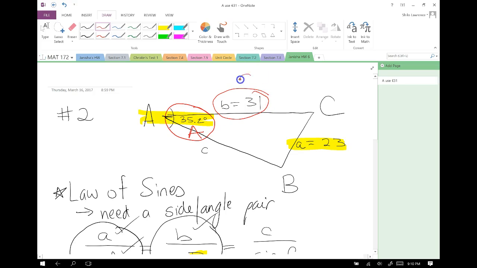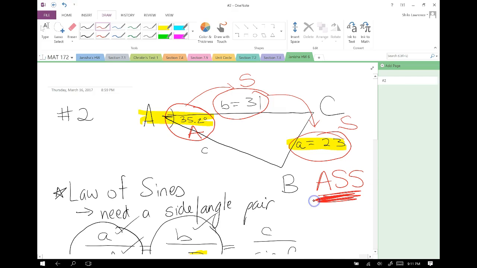We were given a side and a side. I know this is going to sound kind of silly, but it's a good way to remember. This is an angle side side triangle problem. So yes, that spells a bad word. This is an ash triangle.